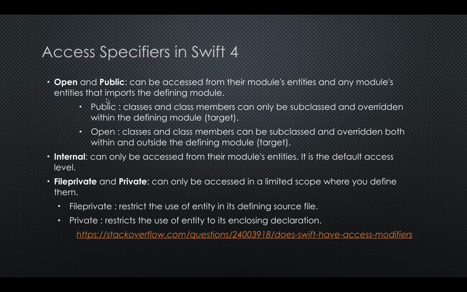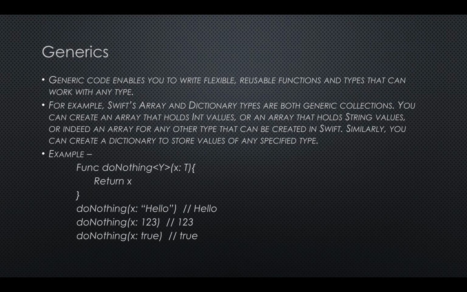So these are the access specifiers in Swift 4, and internal is the default one. Open and public make your classes, functions or variables very much accessible, whereas file private and private give limited access.